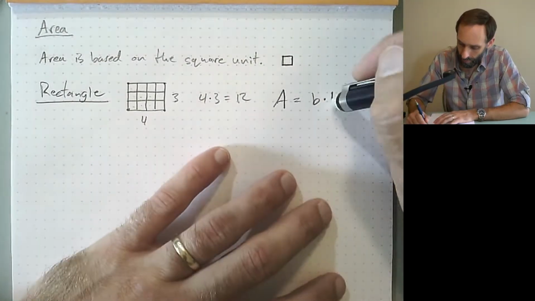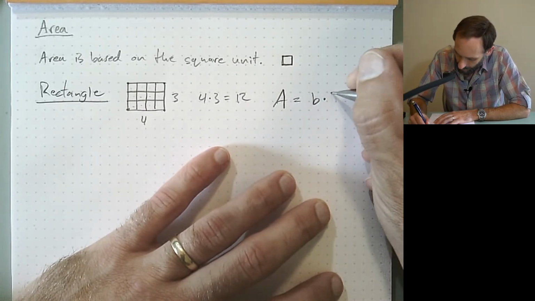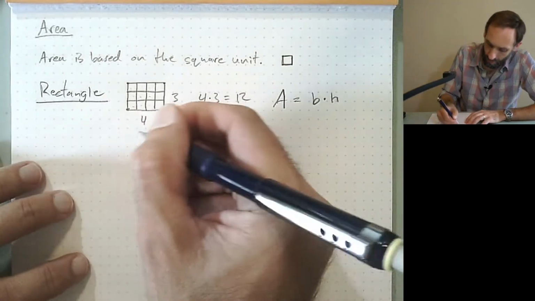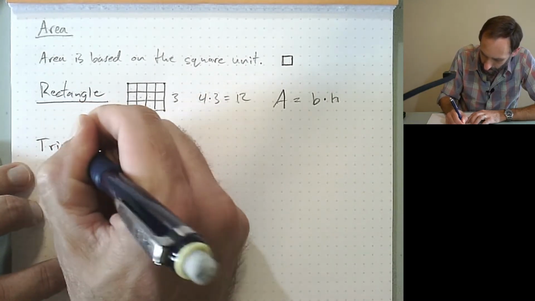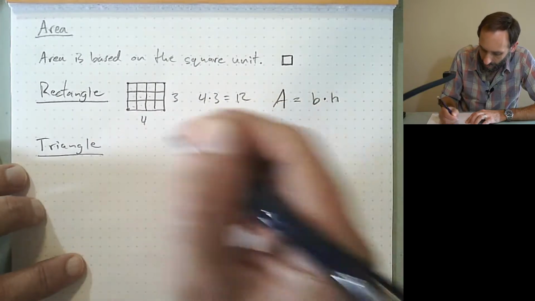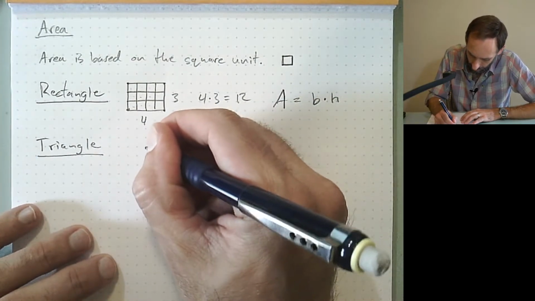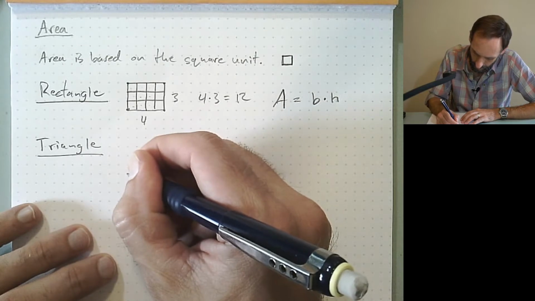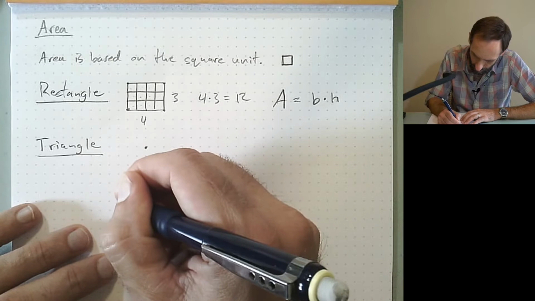Okay. But what about a triangle? Let's do triangle next. Okay, so triangle. Let's go ahead and draw in a triangle. And I just want to make sure I'm counting this out correctly.